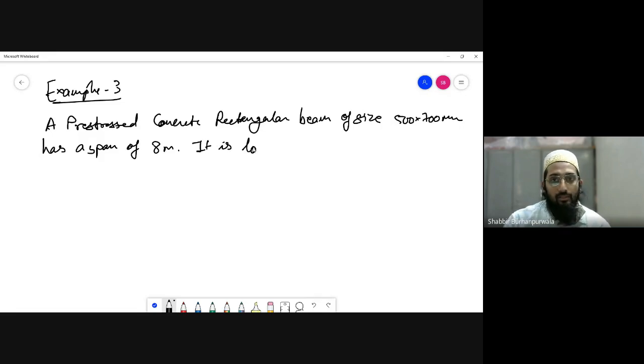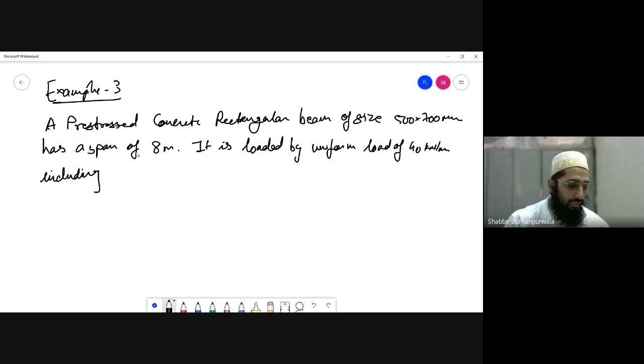It is loaded by a uniform load of 40 kilonewton per meter, including self-weight.